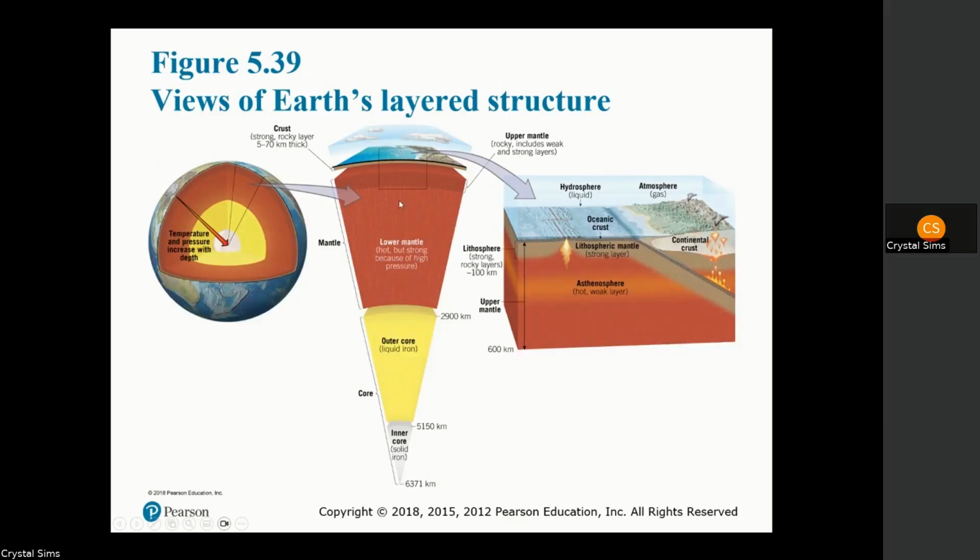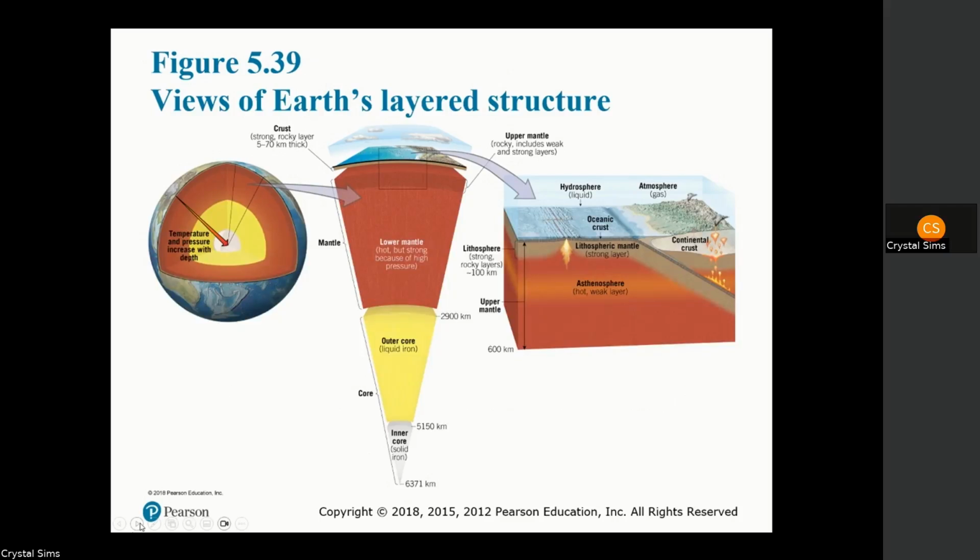So here we can see we've got the crust, our mantle, the upper mantle being the asthenosphere, and then the lower mantle. Then we get into the outer core, which is liquid, and finally the inner core, which again, because of the pressure, is going to be solid.